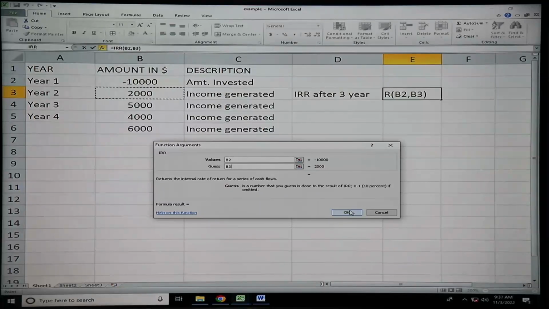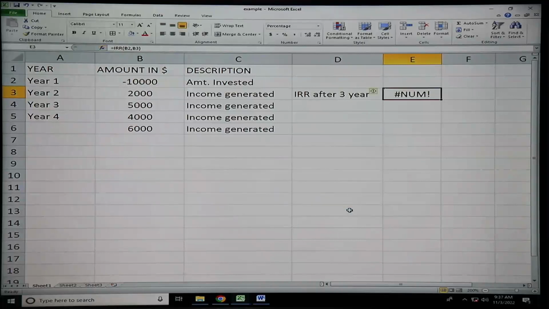The value, just a minute. Okay, it might give us now. Just a minute. Let's see. So there was an explanation of why sometimes when you insert the value, it will give you a num value.